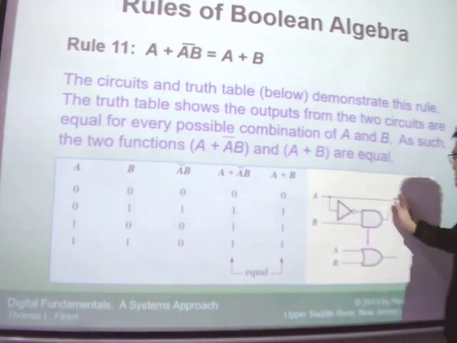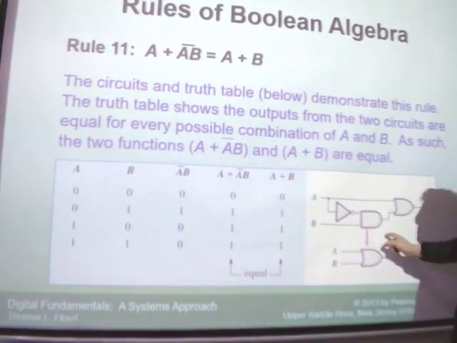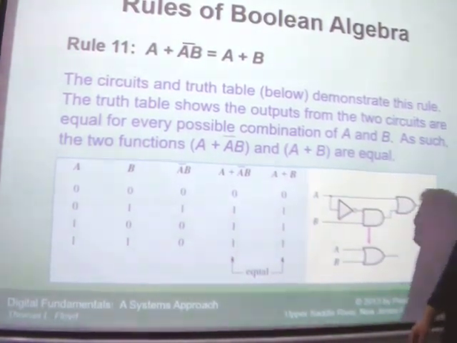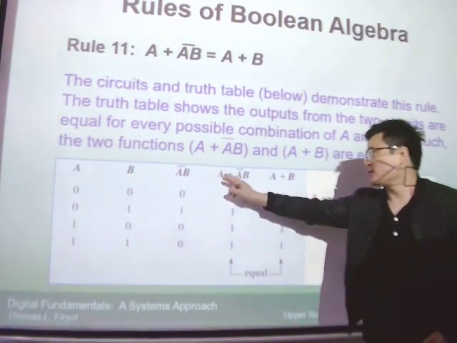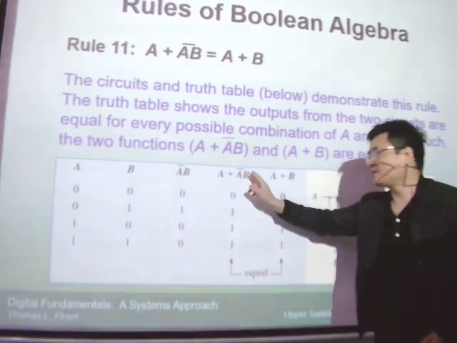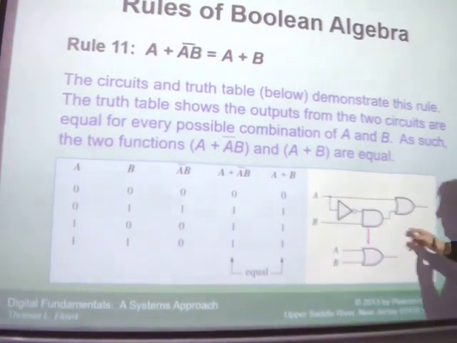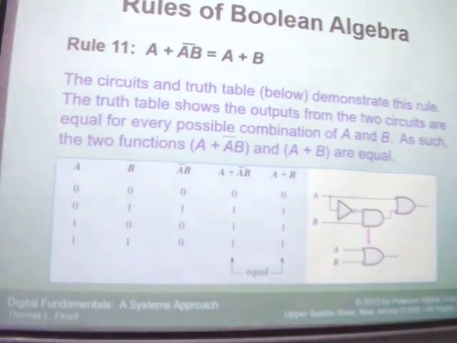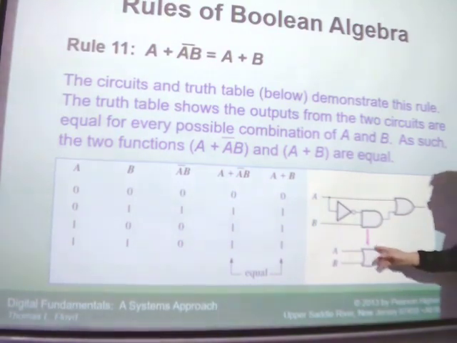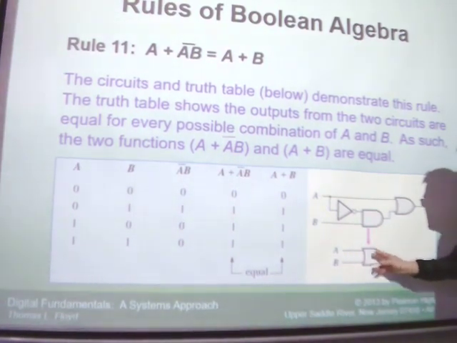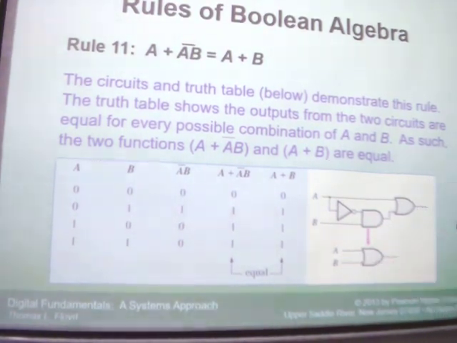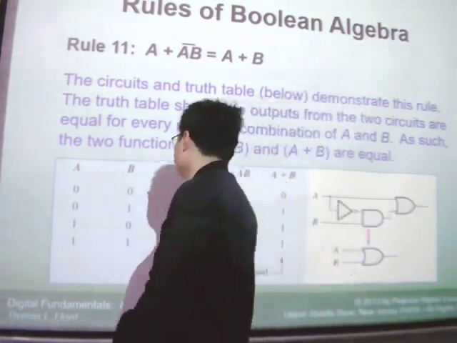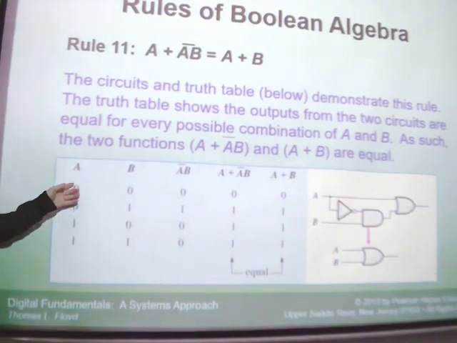So the circuit represents the expression A or (A over bar and B), right? In fact, it is equivalent to an OR gate. Why? Please see the truth table.